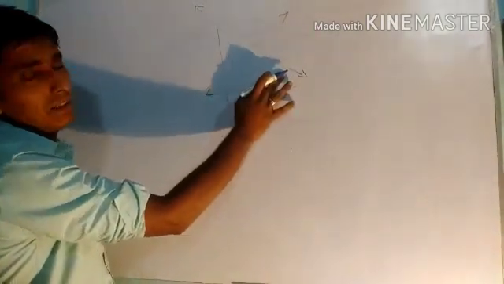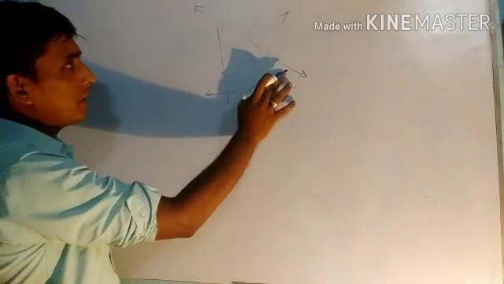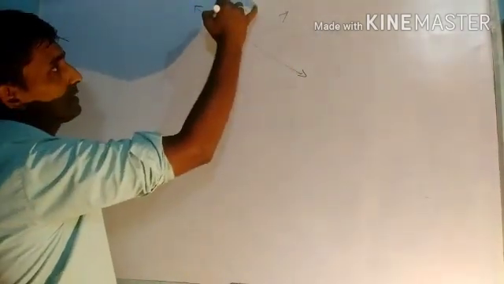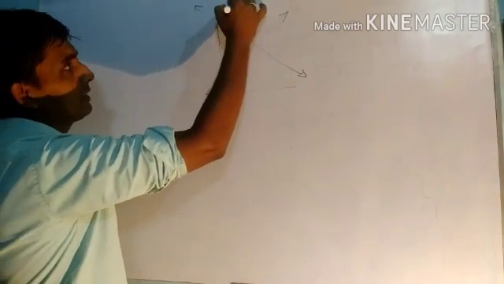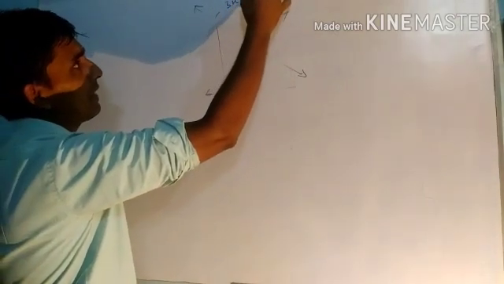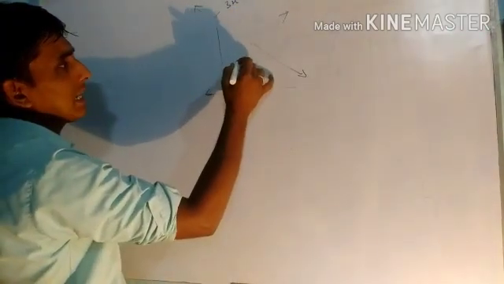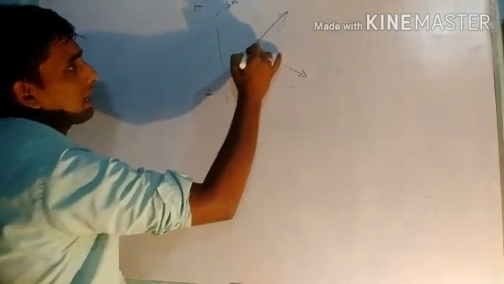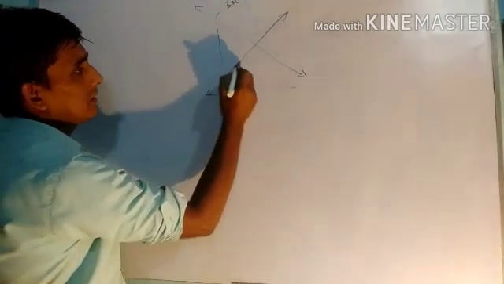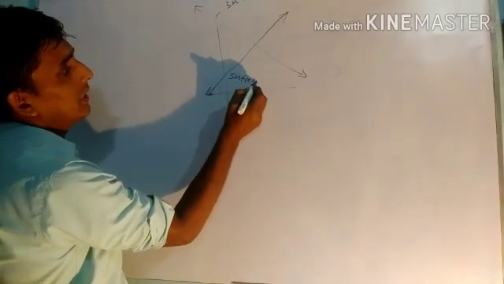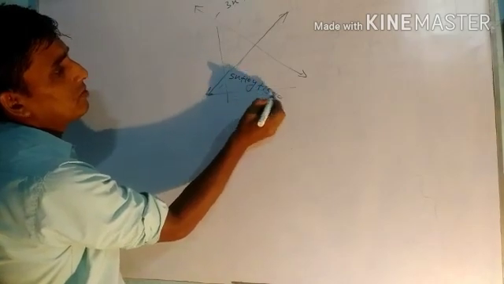For example, this is representing 3x plus 5y plus 10 is equal to 0, and this graph is representing 5x plus 10y plus 15 is equal to 0.